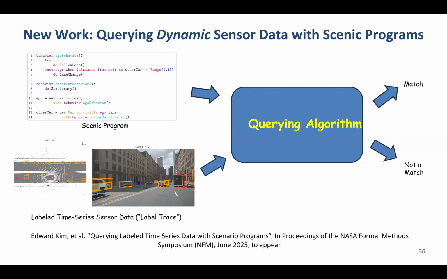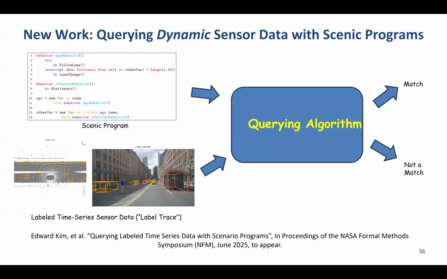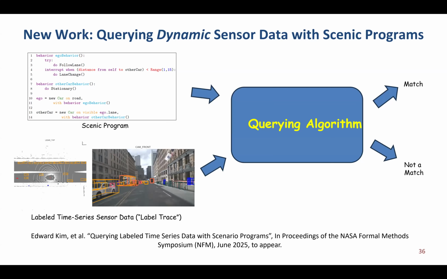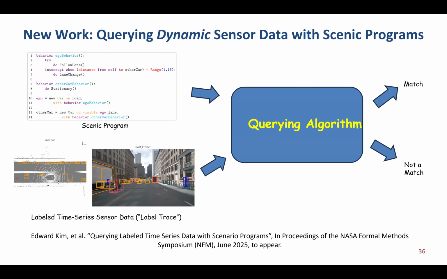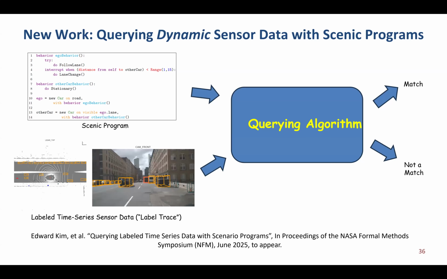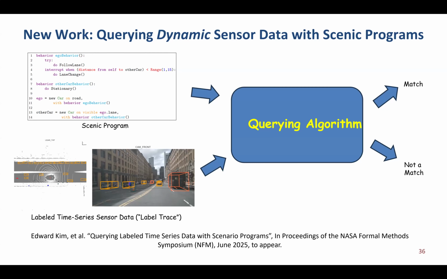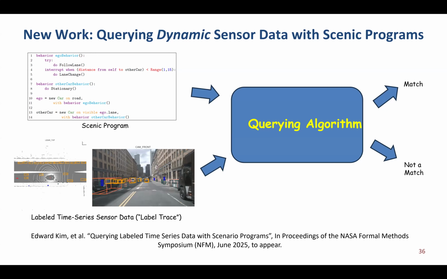The idea here is that you have a Scenic program for a scenario, and then you've got labeled time series sensor data. By the labels, what is meant is that, again, if you look at that video that's playing, it's a video where all of the objects have bounding boxes over them, and those bounding boxes have associated labels, right?